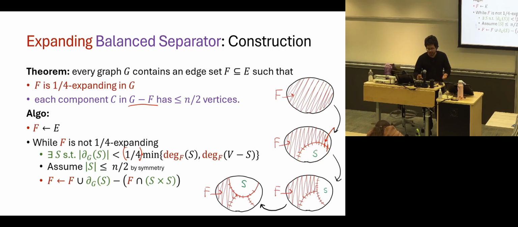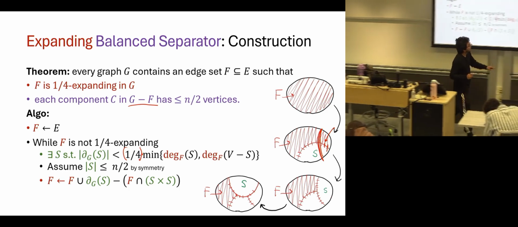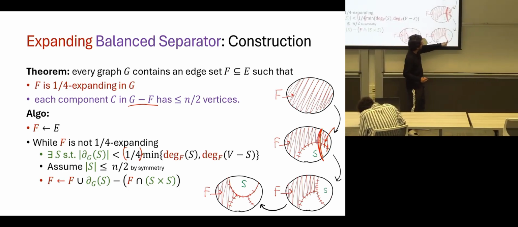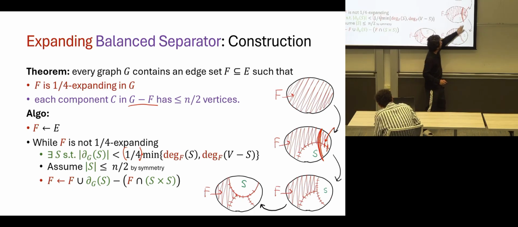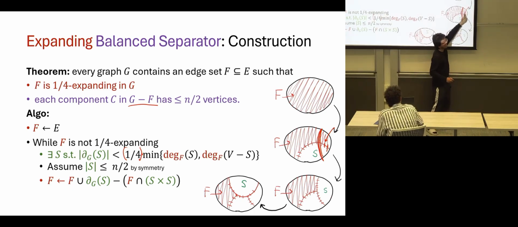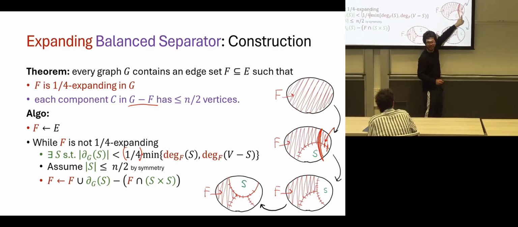Then check again if the new F is expanding. If not, let's say I find this cut that is sparse here. It means that this cut is sparse with respect to F inside here, right? Not just, I don't count this part anymore.